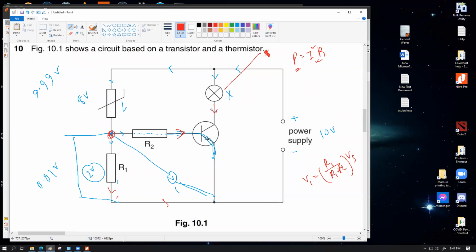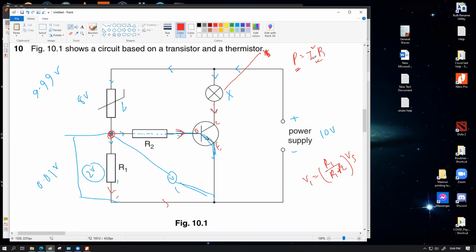Because the base current is also very small. If the base current is very small, then the collector emitter current will also be very small. So I might as well label them: base current, this is collector, this is emitter. If the base current is small, then the collector emitter current will also be very small. That small current would not be significant enough to be able to light up this bulb.